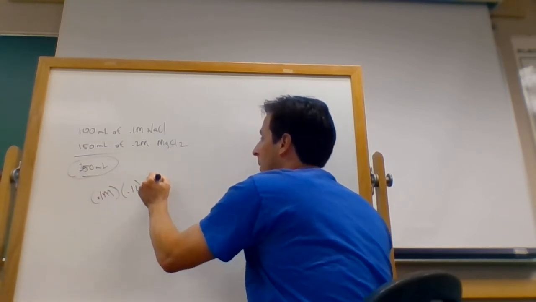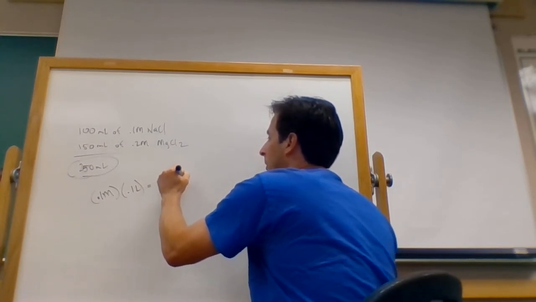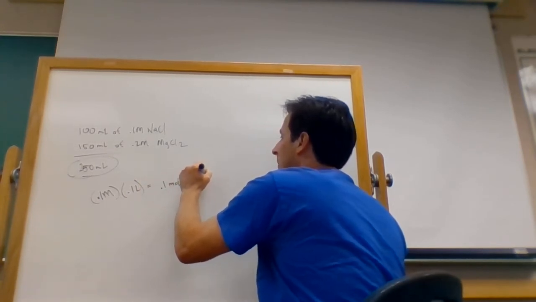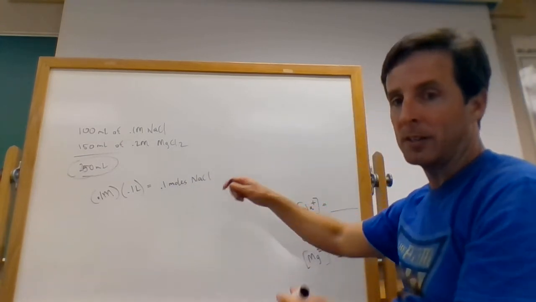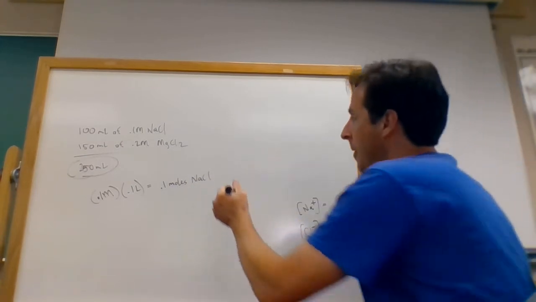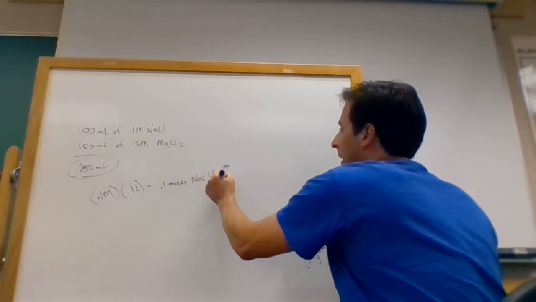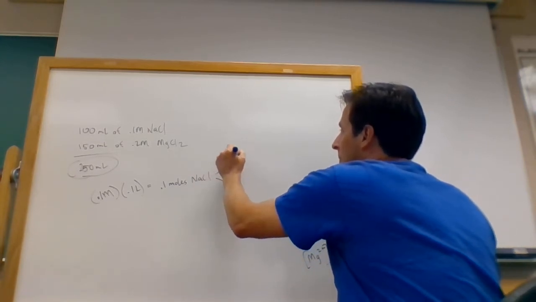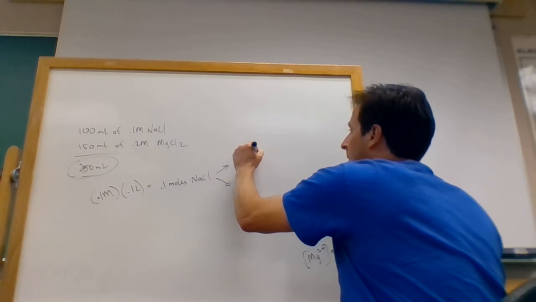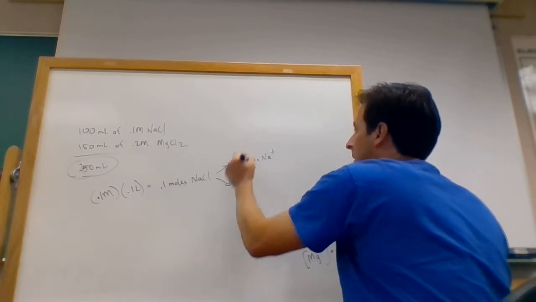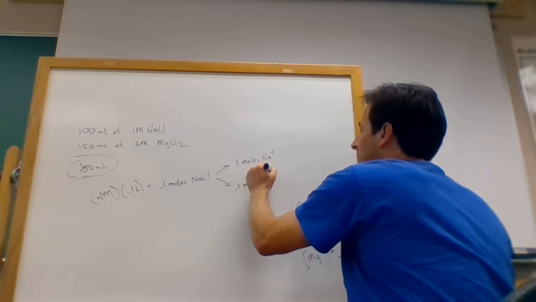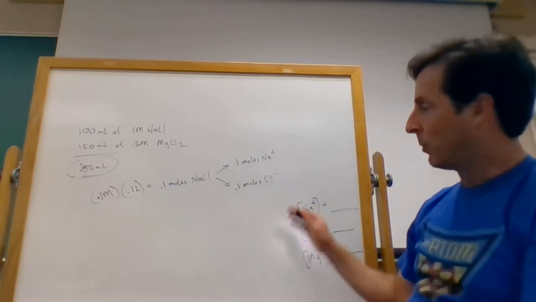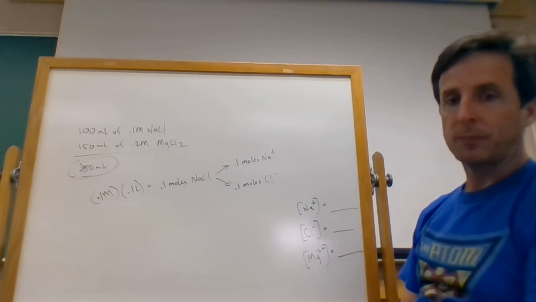It's going to give me 0.1 moles of NaCl. And then I know that that's actually going to split because NaCl in solution, they're apart. So I'm going to split it and say it's actually 0.1 moles of Na+ and 0.1 moles of Cl-. That's what's in the first solution.